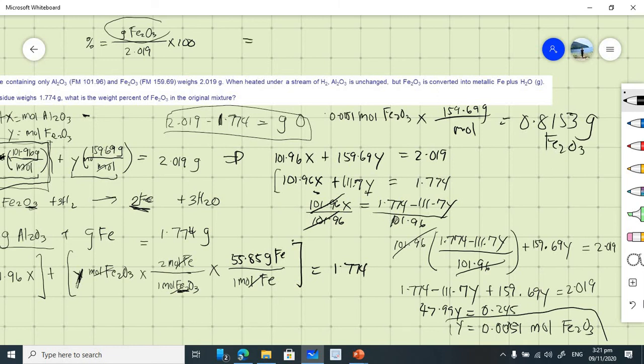So here, you can solve 0.8153 divided by 2.019 times 100. This gives you a value of 40.38% of Fe2O3 present in the sample. Okay?